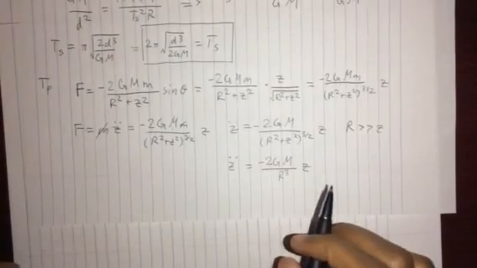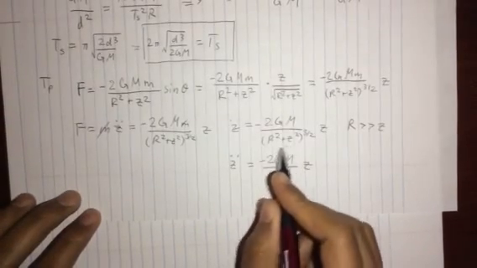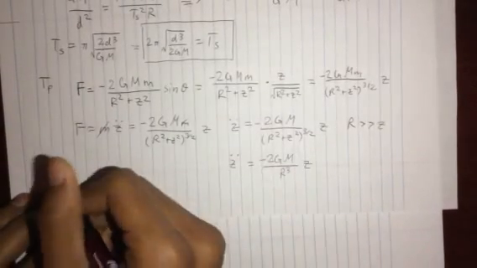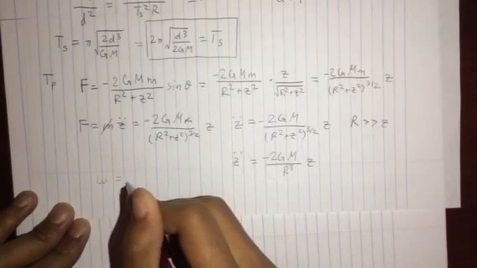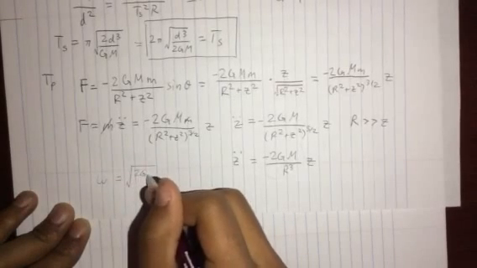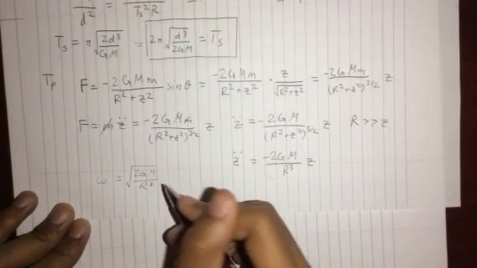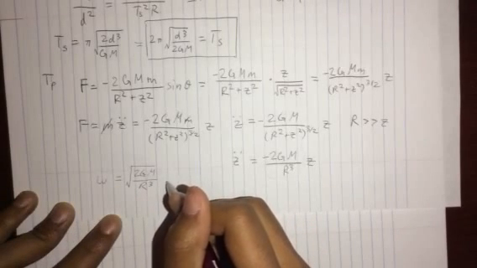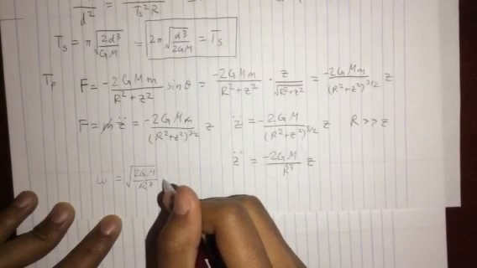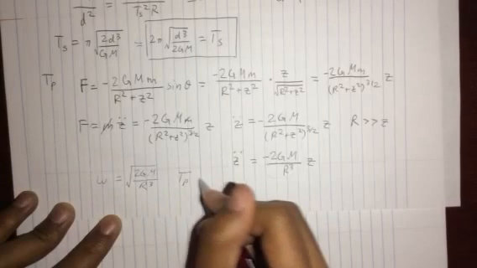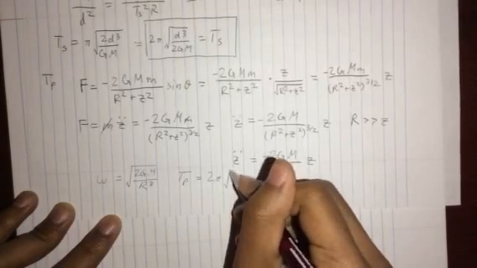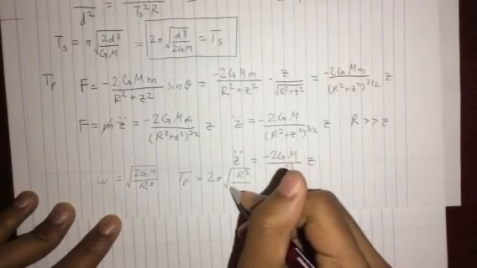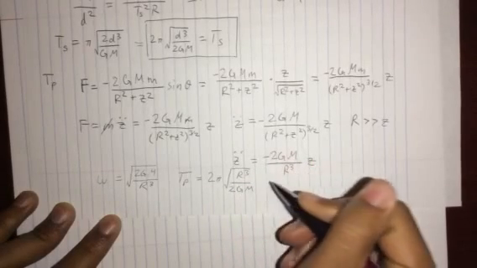Great, so we're almost done, because now we know how to solve this. This gives omega equals the root of 2GM over r cubed, and so the period Tp is 2 pi root of r cubed over 2GM.